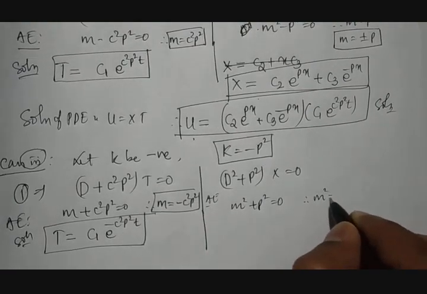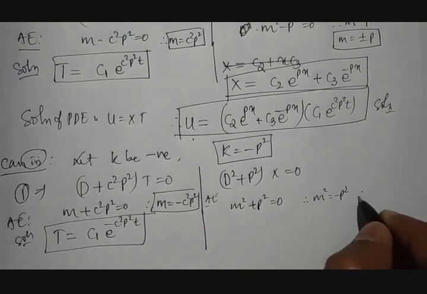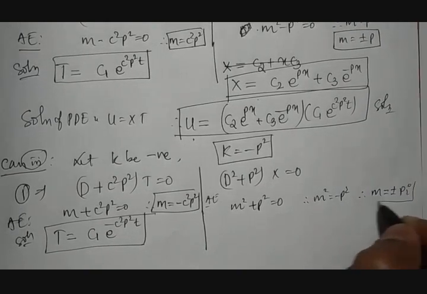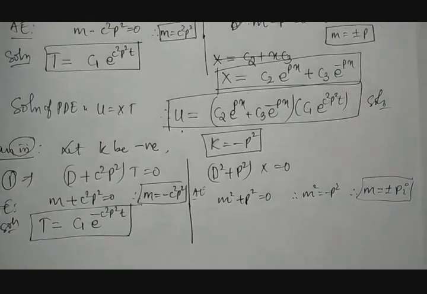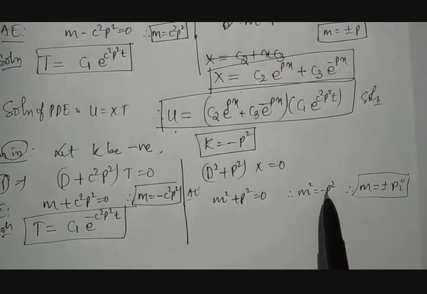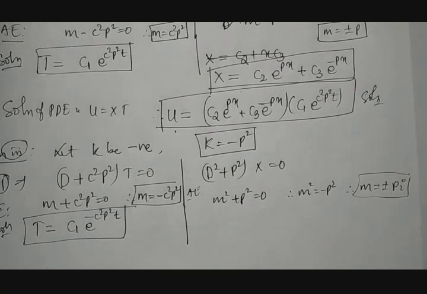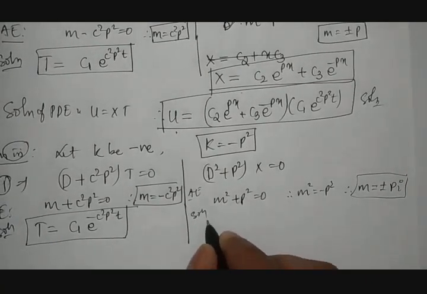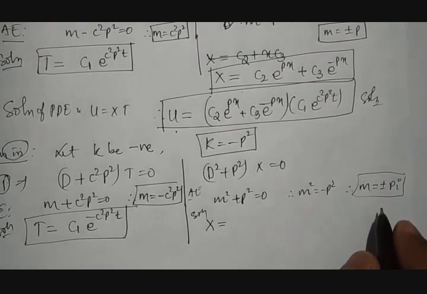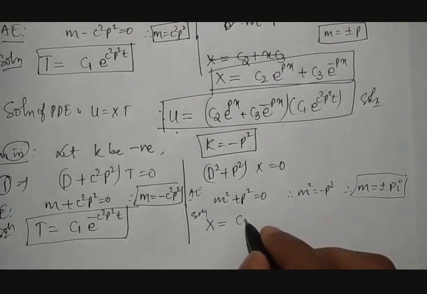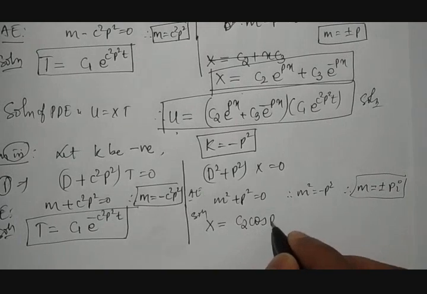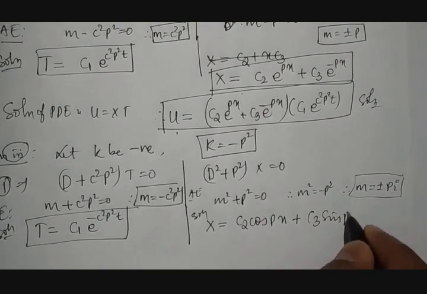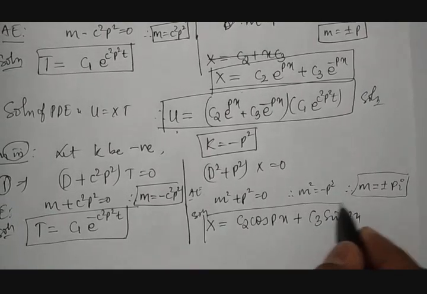Therefore M square is equal to minus P square, so M is equal to plus or minus Pi, because minus is there, that is nothing but i square. Therefore the solution will be X, which is purely imaginary, so X is equal to C2 into cos Px plus C3 into sin Px.